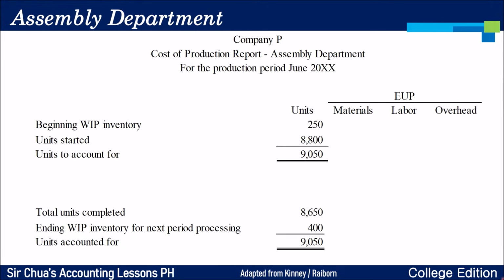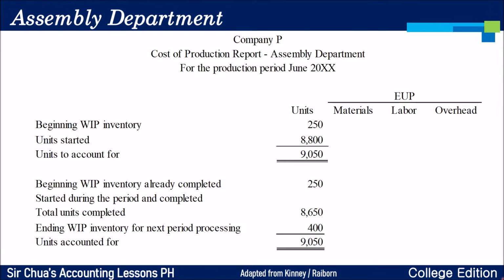So, if we have already completed all 250 units from the beginning work in process inventory, then dun po sa inumpisahan natin na 8,800 units, ang natapos pa lang po natin dyan is 8,400. Okay? So, ganun po siya. Which is 8,650 less 250. Yung started during the period na na-complete din po natin ngayong period na to is 8,400 units.